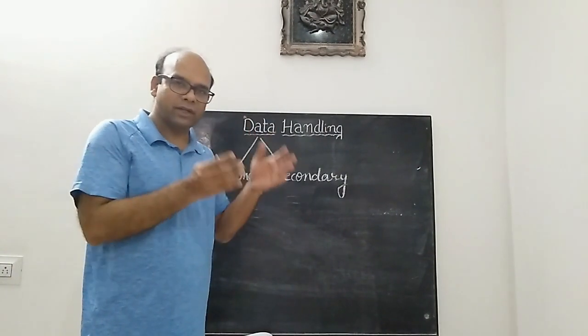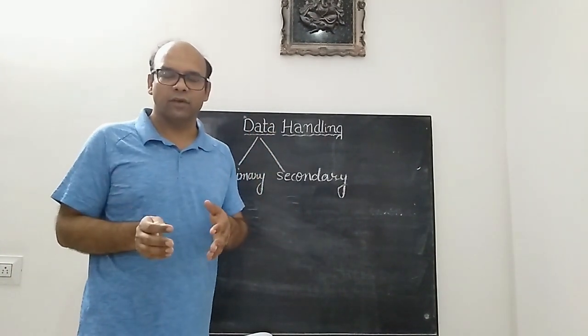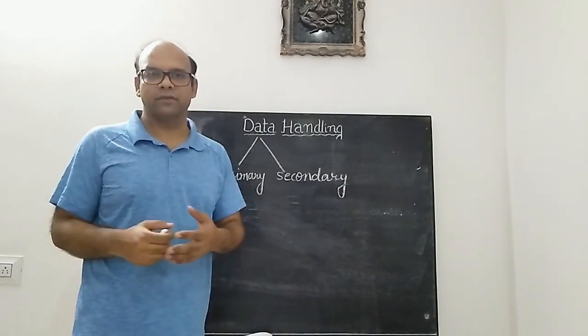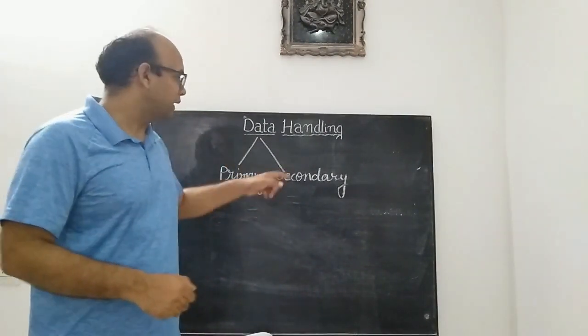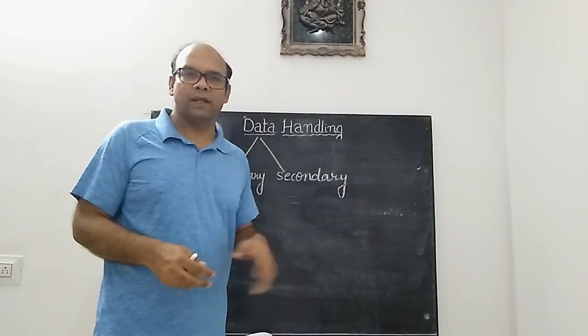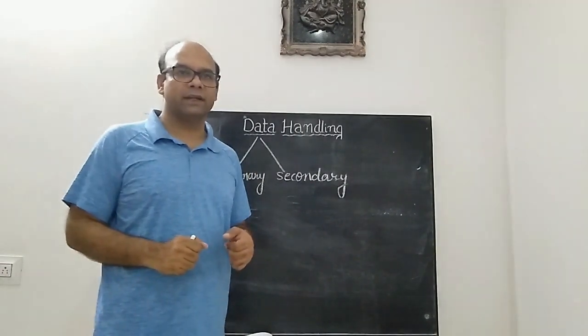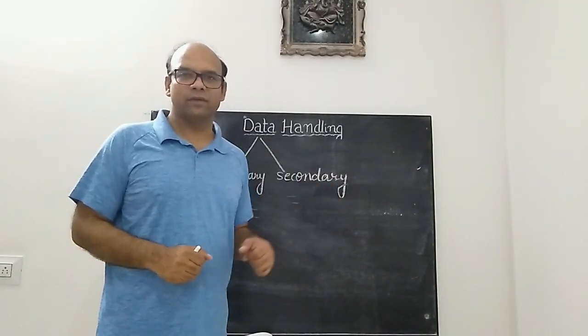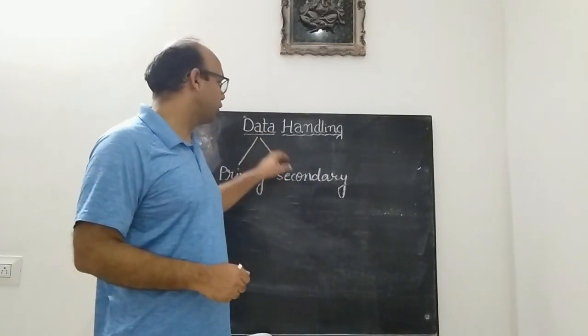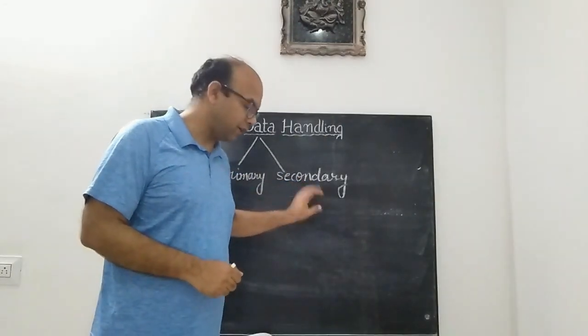Here, we were taking the weight and the height of the students directly using the equipment on our own. If we collect the information from other sources, say from records, from the internet, from magazines, then the data which we collect is what we call secondary data.